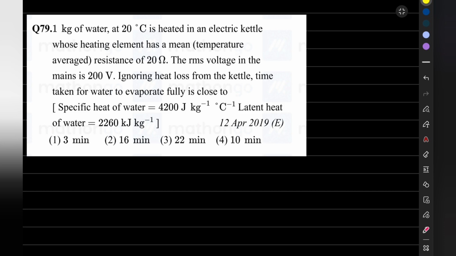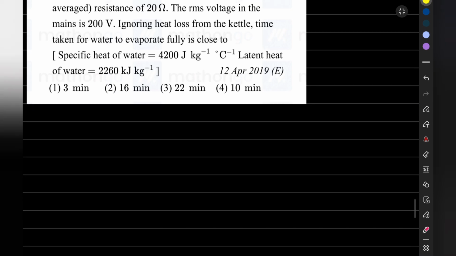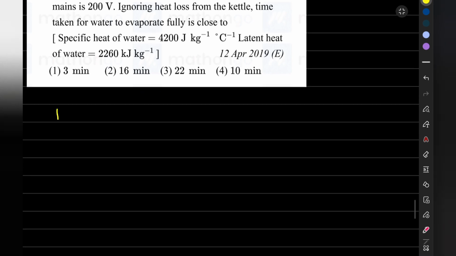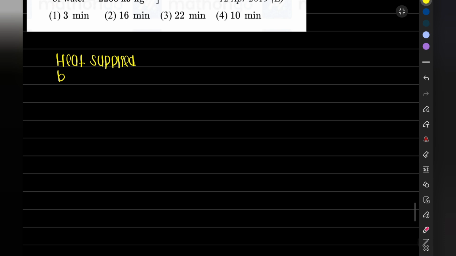So the key concept here is the heat supplied by the electric kettle will be useful for evaporation of water. So for the evaporation of water we will need the heat.